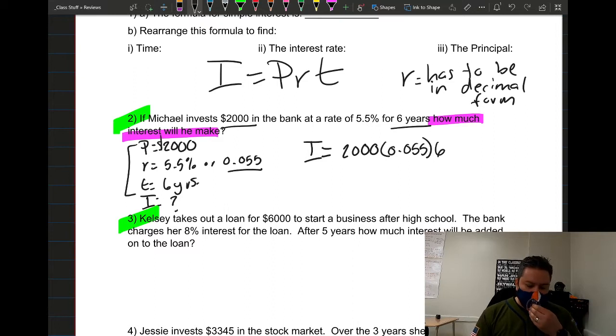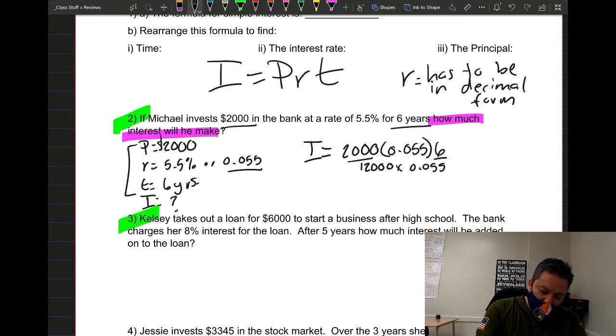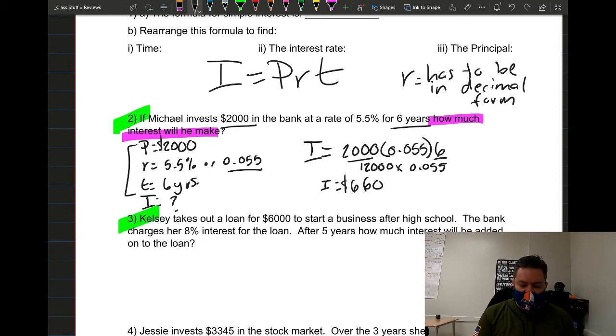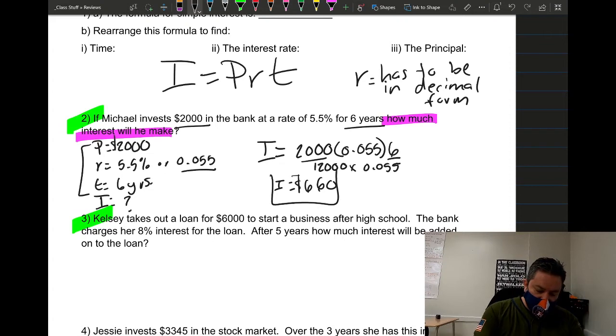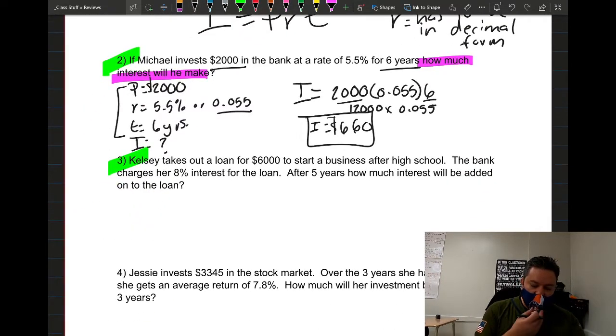When I multiply all these three together, I can multiply 2,000 times 6, that's 12,000, times 0.055, which is going to give me a total of $660. So how much interest will that make in 6 years? $660. That easy.